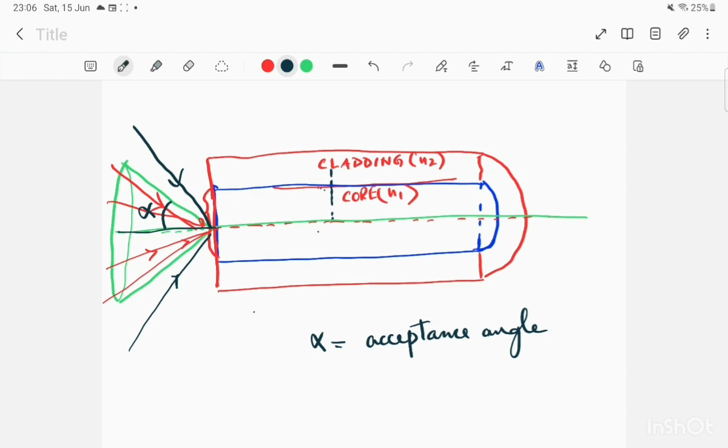If the ray of light enters within the acceptance angle, total internal reflection happens and light rays get trapped for good. But if any ray of light falls outside this acceptance angle on the air core interface, then total internal reflection doesn't happen and light will simply escape out of this surface.